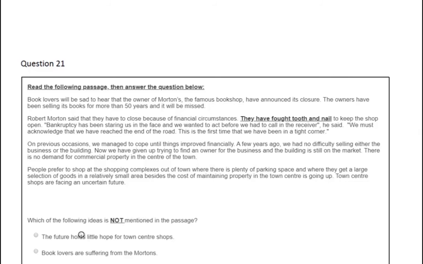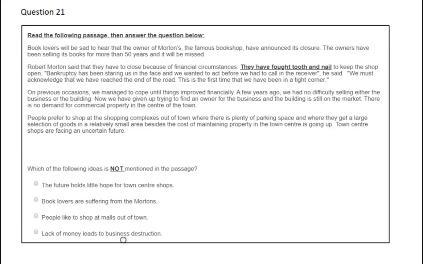Question 21. Which of the following ideas is not mentioned in the passage? We have here: the future holds little hope for the town center shops, or book lovers are suffering from the Mortons, people like to shop at malls out of town, lack of money leads to business destruction. But pay attention, the question is: which is not mentioned.